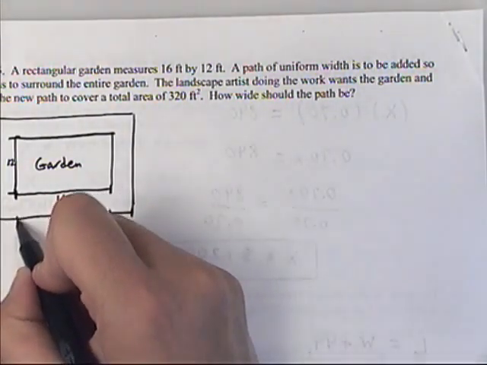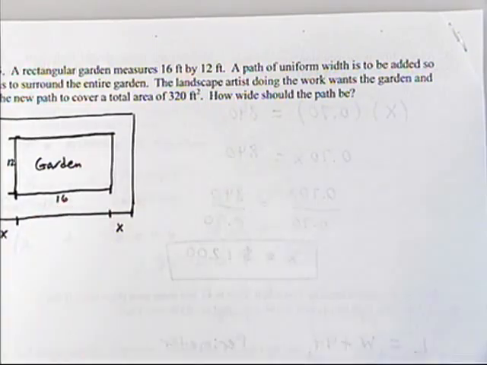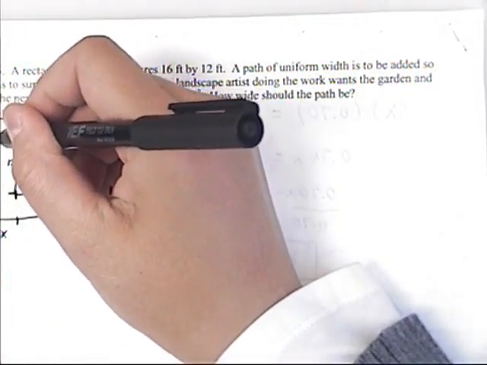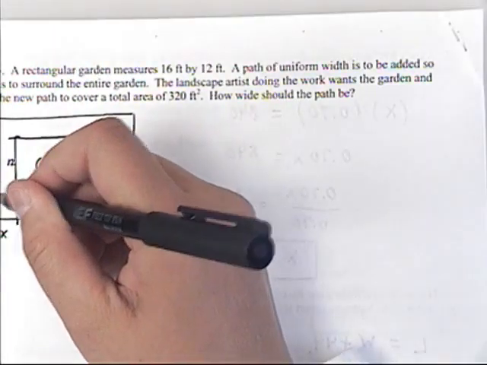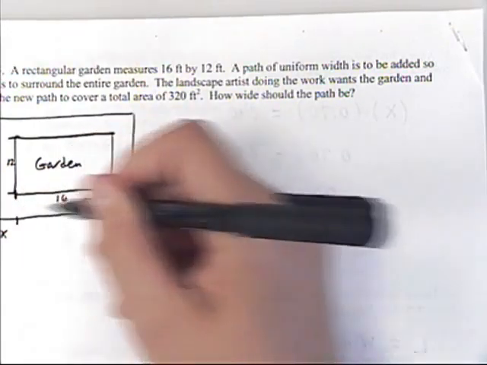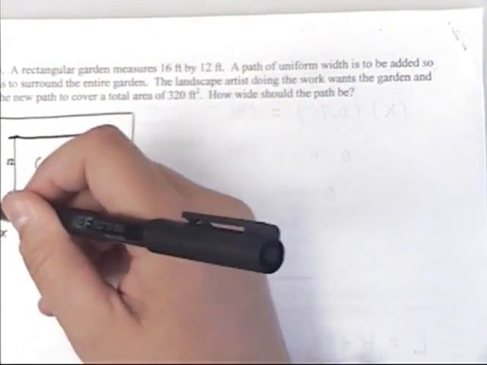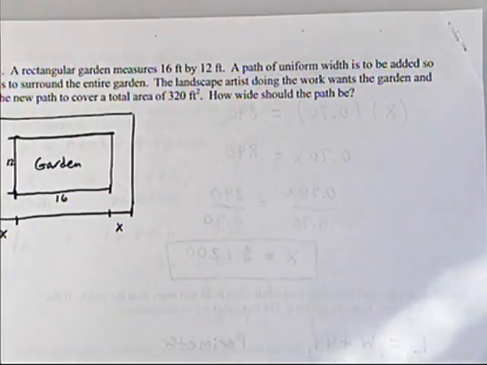If it's the same width on this side, this would also be x, and the same for the other edges, because the path is of uniform width. That means the same.